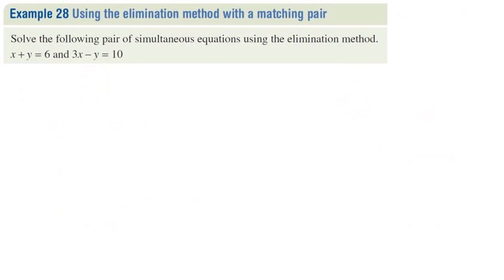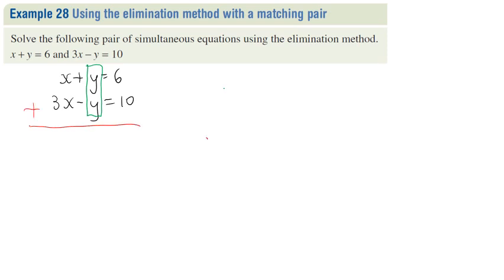All right, example from the textbook. I'm just going to rewrite it out so it's a bit easier to see. X plus y equals 6. 3x minus y equals 10. All right, find my matching variables. These two here, they match. Decide whether to add or subtract. I'm going to add them.